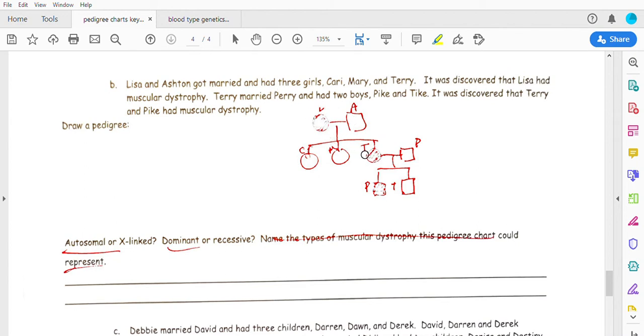And then we had Terry married Perry, and they had 2 boys, Pike and Tyke, and it was discovered that Terry and Pike had muscular dystrophy. So this was autosomal because it was showing up in the females and in the males, and that's a dominant trait. So heterozygous, homozygous, and when you do a heterozygous and homozygous, you can have a 50-50 chance of offspring having that trait. So having 1 out of 3 is perfectly fine, and then having that trait show up again.